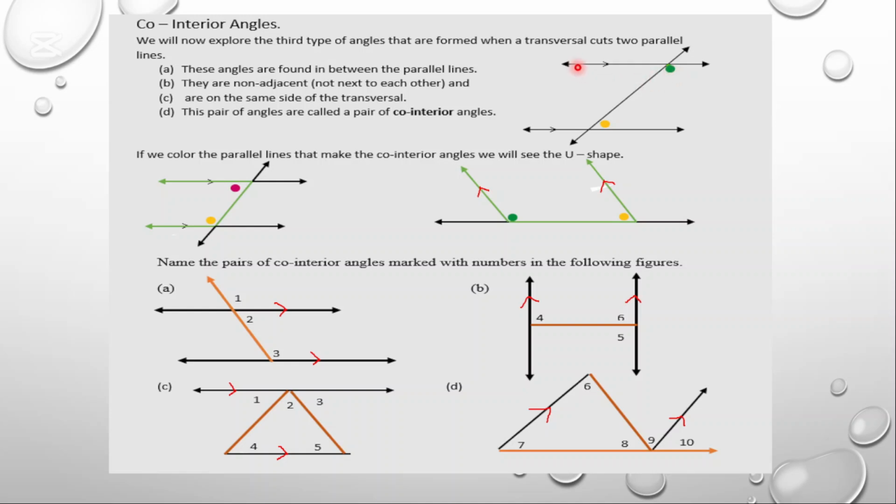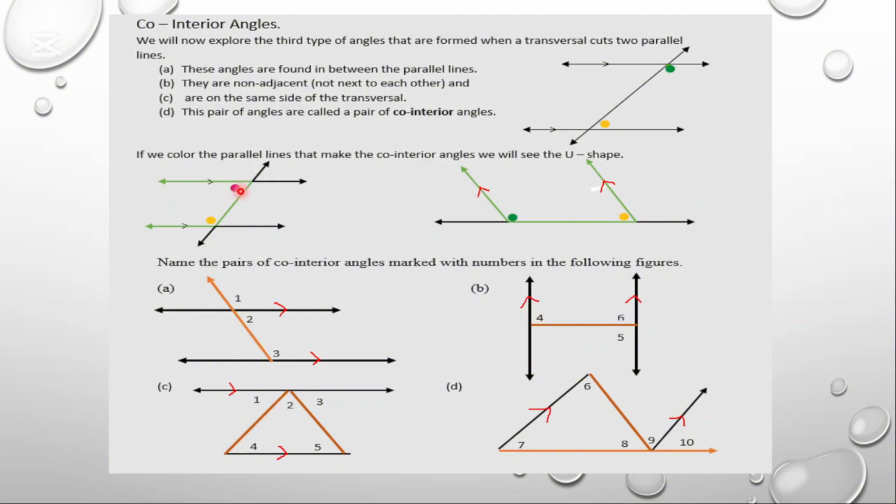Remember now, this part, this area over here, that's the interior part of this figure. These two lines are parallel, and these two angles we find in between the parallel lines on the same side. Now if we color the parallel lines that make the co-interior angles, we will actually see the U shape. You see there?